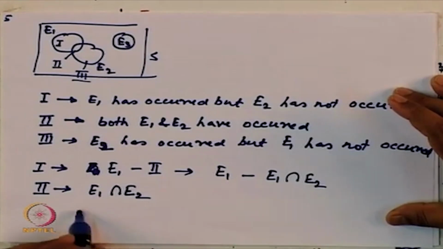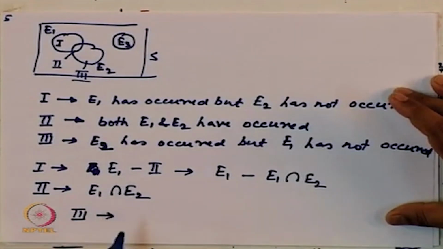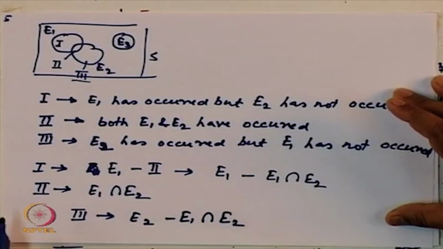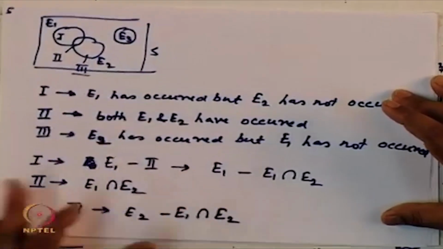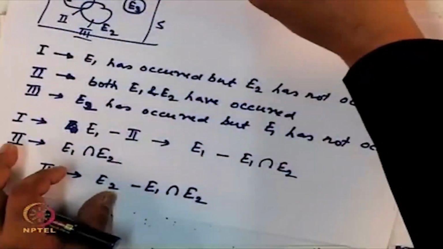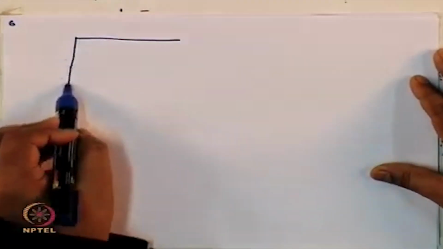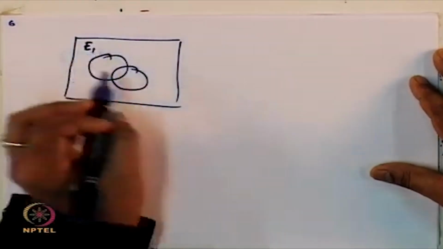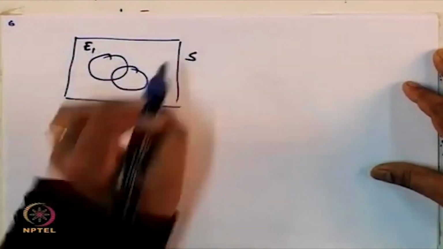Similarly, area 3 becomes E2 minus E1 intersection E2. Now in the most general case, if I draw two events where there is overlap, this is my event E1, this is my event E2.